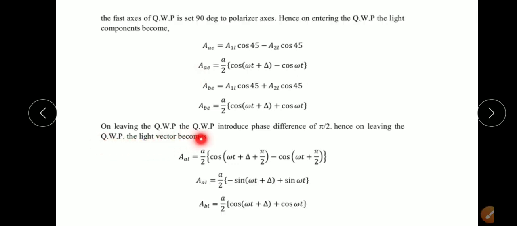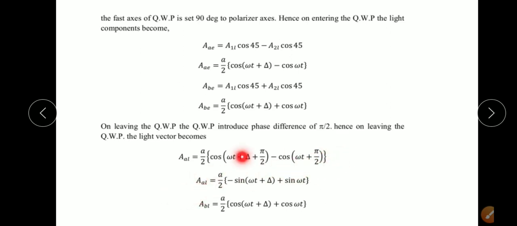On leaving the quarter wave plate, it introduces a phase difference of pi by 2. First it has the delta phase difference when it enters the model, but when it leaves the quarter wave plate, it again gets a phase difference of pi by 2. Hence, on leaving the quarter wave plate, the light vector becomes AAL is equal to A by 2 in curly brackets, cos omega t plus delta plus pi by 2 minus cos omega t plus pi by 2, close the curly bracket.